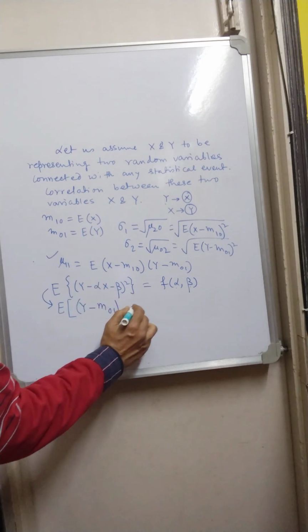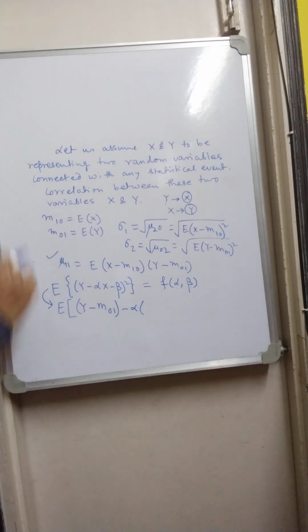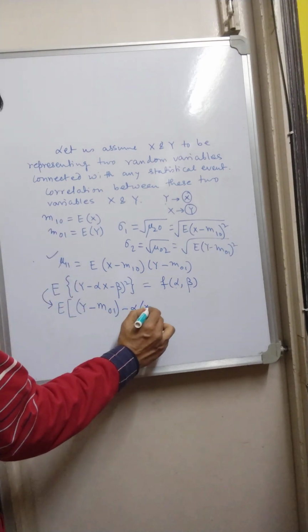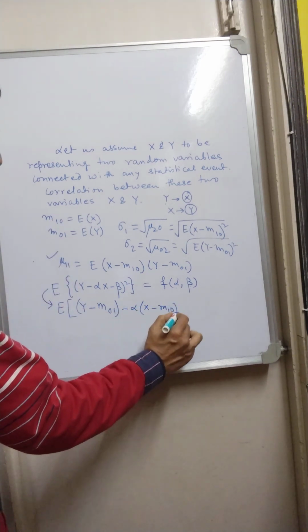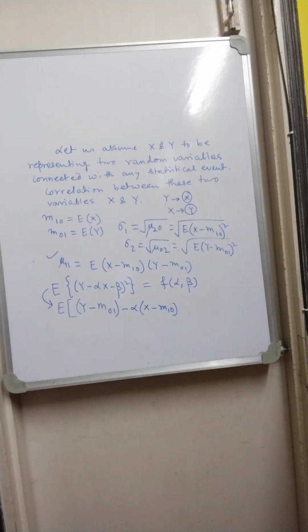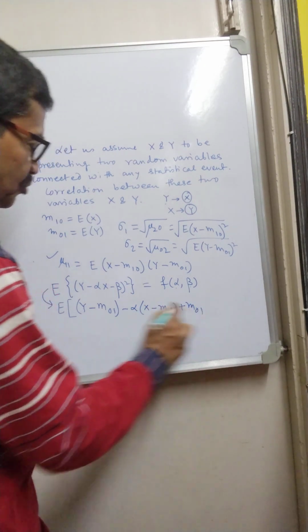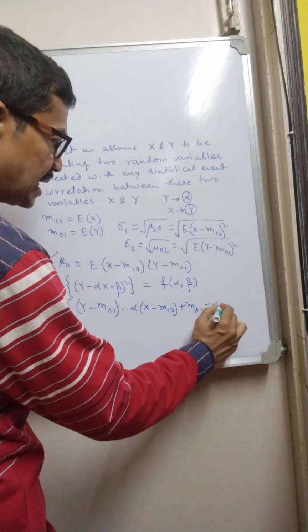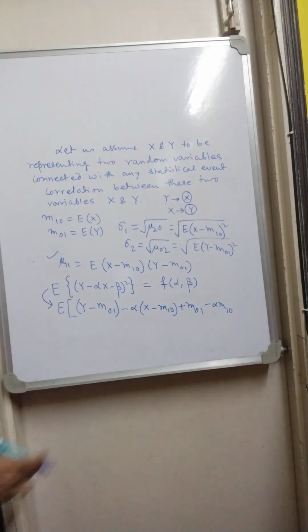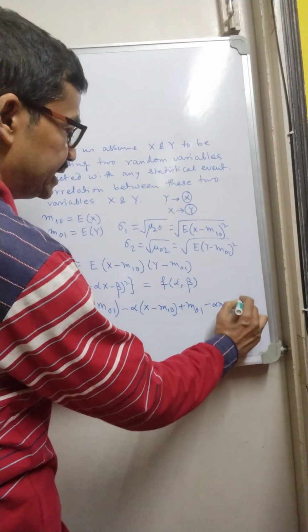We would also like to balance x with the expectation of x, which is m10. So this is x minus m10. Understandable? So we have added this alpha m10 and subtracted this, and here you have this minus beta. So to balance them, we should write plus m10, this is balanced, minus alpha m10, this is also balanced, and we have minus beta already there.